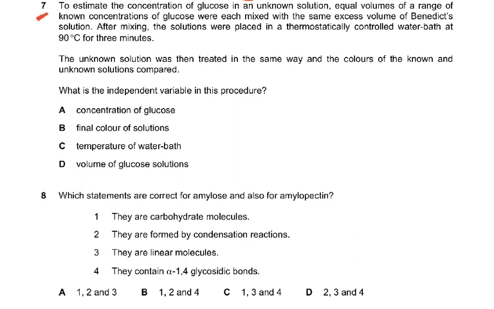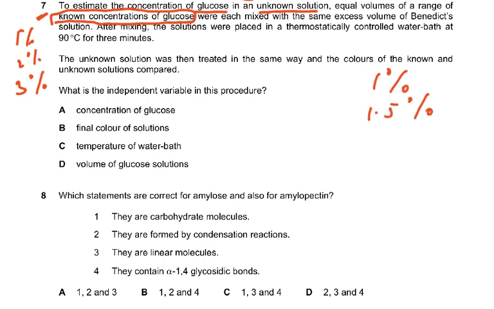Question number 7, to estimate the concentration of glucose in an unknown solution, equal volumes of a range of known concentrations of glucose. What does this mean? It means you took 1% glucose, 2% glucose, 3% glucose, or maybe 1%, 1.5%, 2%, 2.5%.